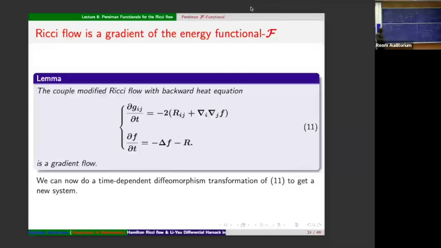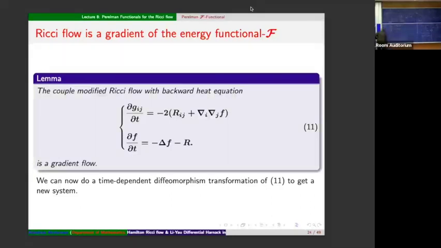If you do this, you get a Ricci flow equation coupled with a heat equation. That is, you can modulo out, because this modified equation is now involving a kind of gradient generating diffeomorphism. Okay, so you can now modulo out that diffeomorphism from this equation to get Ricci flow. And a way to do that is that, okay, in the first equation here, we are having a Lie derivative of the metric in the direction of the gradient of f. We can add that Lie derivative to it so that we have the Lie derivative in the direction of this.